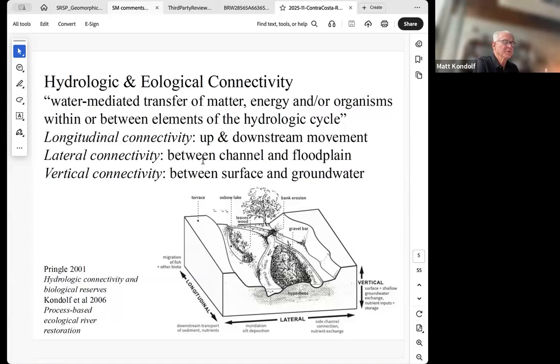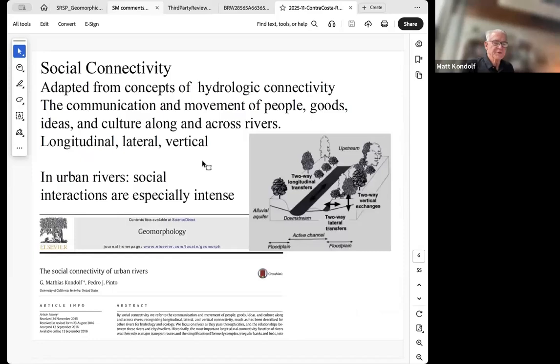And as they get older or it's time to migrate, they'll swim out in the main channel and go up or down the main channel. So it's these dimensions of connectivity, longitudinal, up and downstream, lateral, channel to the floodplain, and vertical, surface and groundwater. These are what we call the connectivity dimensions, and they are so critical in restoring the habitats.